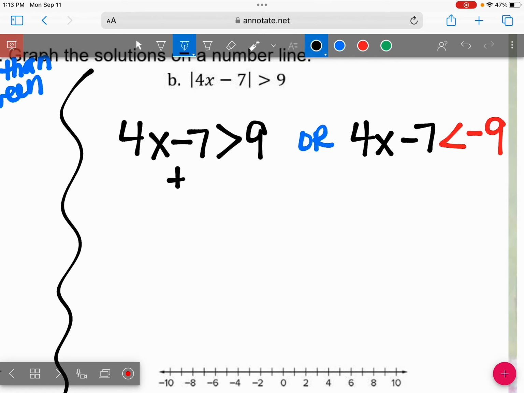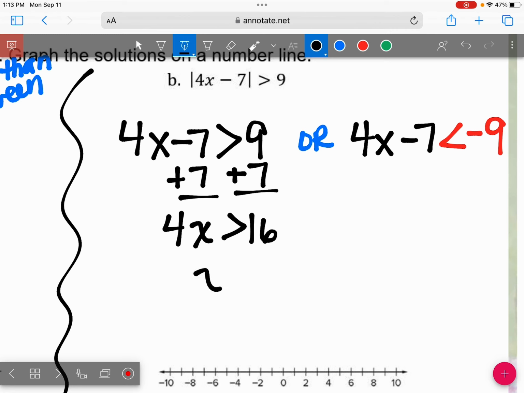So we're going to add the 7. And then divide by 4. So x is greater than 4. Put an open circle on the 4 and go to the right.